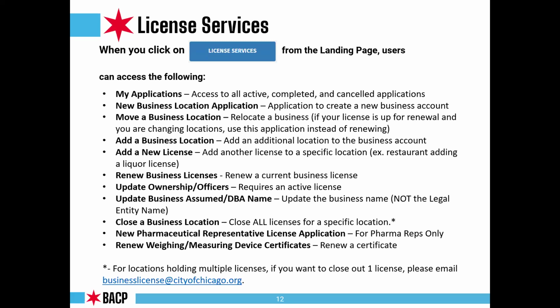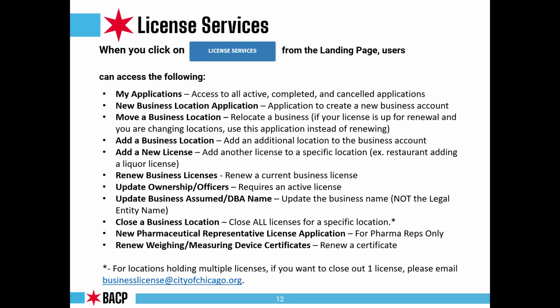So when you are doing update a business assumed and DBA name, realize that it's only updating that. It is not going to update a legal entity if you change that with either the Secretary of State of Illinois or whichever state you registered your legal entity in.